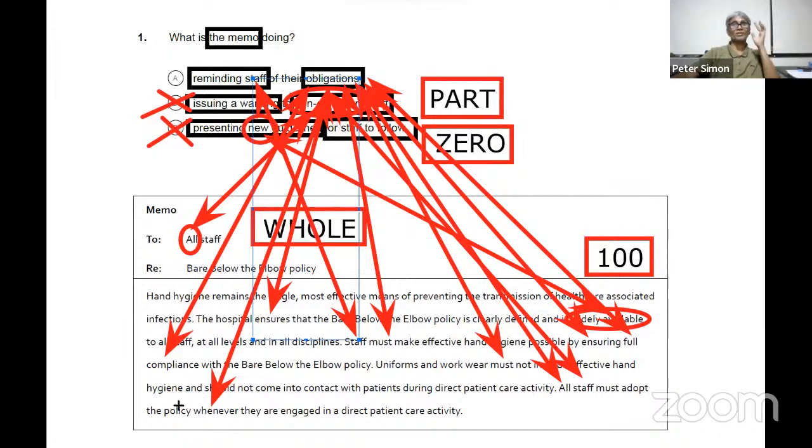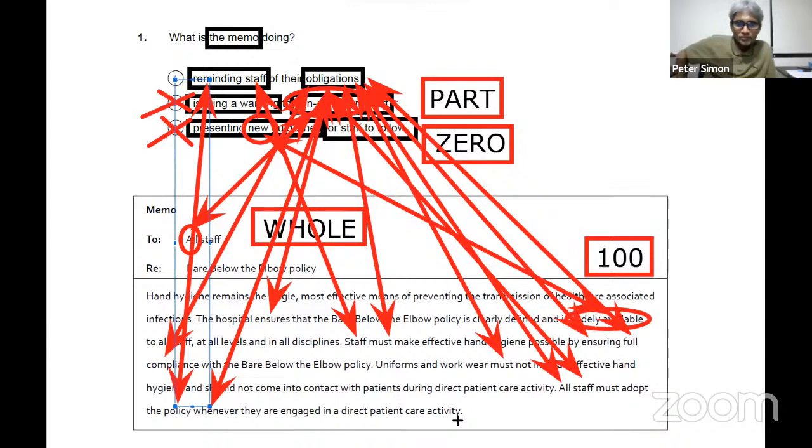The policy must be adopted. The policy which is always there is to be adopted whenever there is direct patient care activity, in every activity.